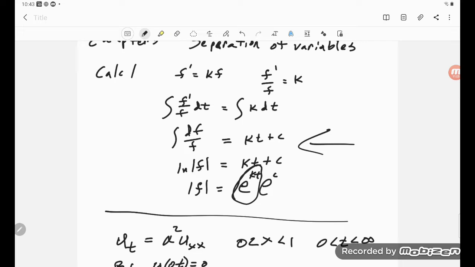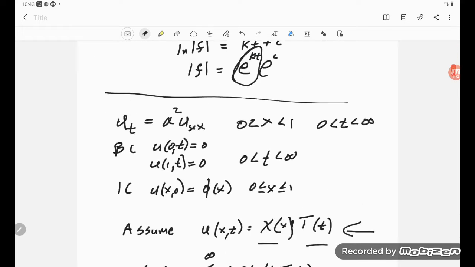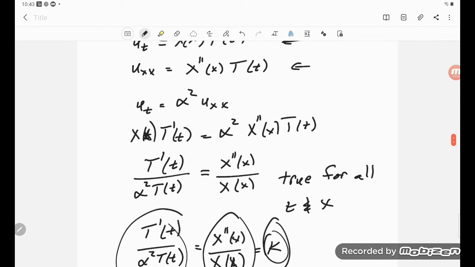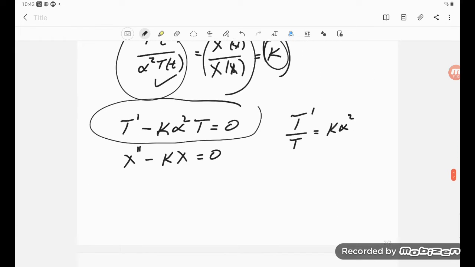But you see, if k is positive, so if we say k is greater than 0, then our solution is going to go to infinity, right? So it's really not going to make much sense if it goes to infinity.